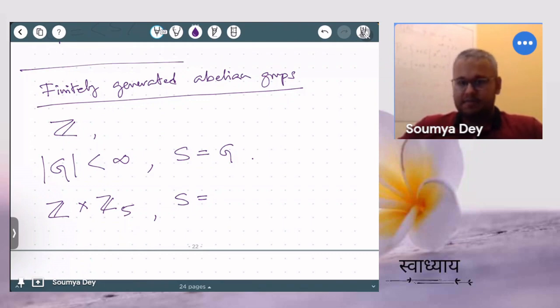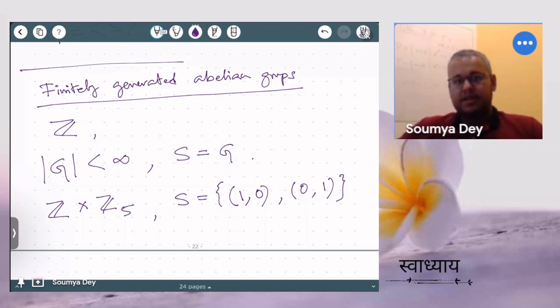So similarly here, you can take these two elements. One is (1, 0), where 1 is from Z and 0 is from Z5, and the other one could be 0 from Z and 1 in Z5. These two elements will generate, right? Of course, there can be some smaller generating set also. You just try to find if it's there.